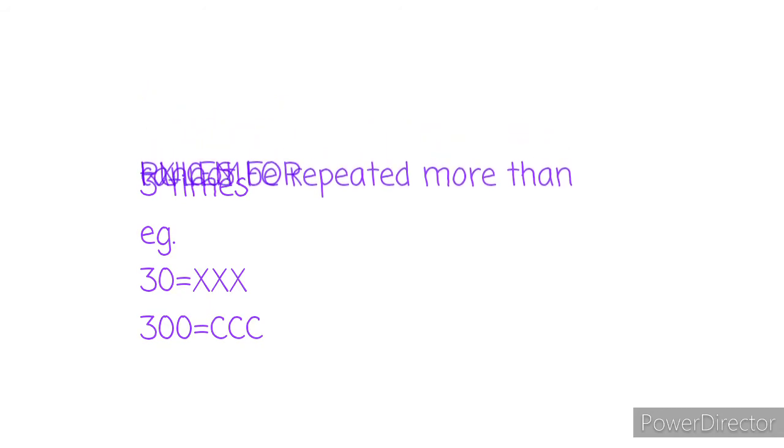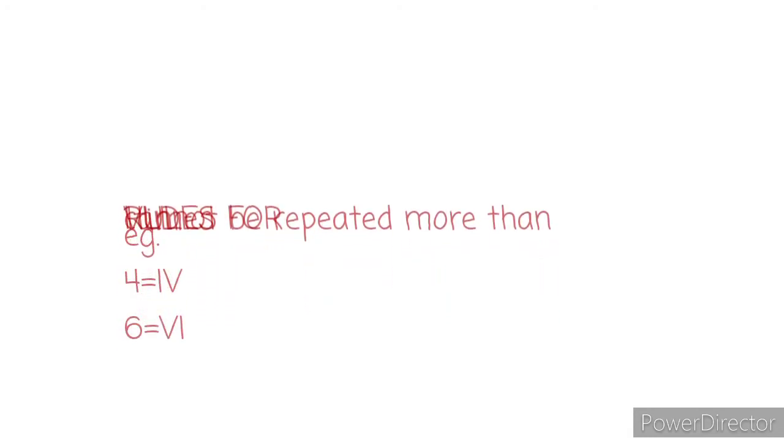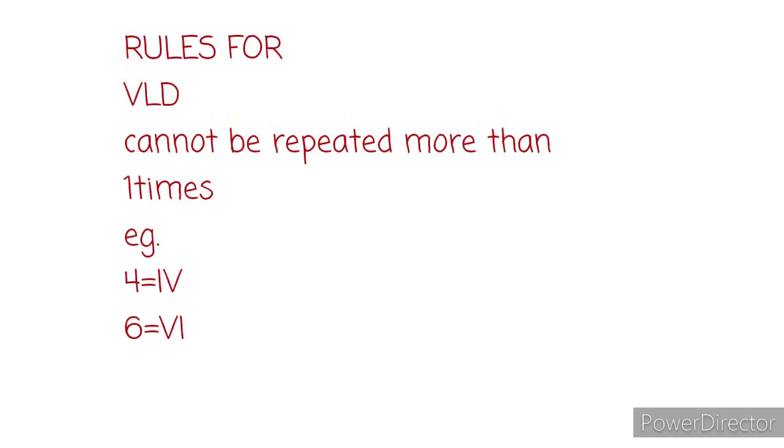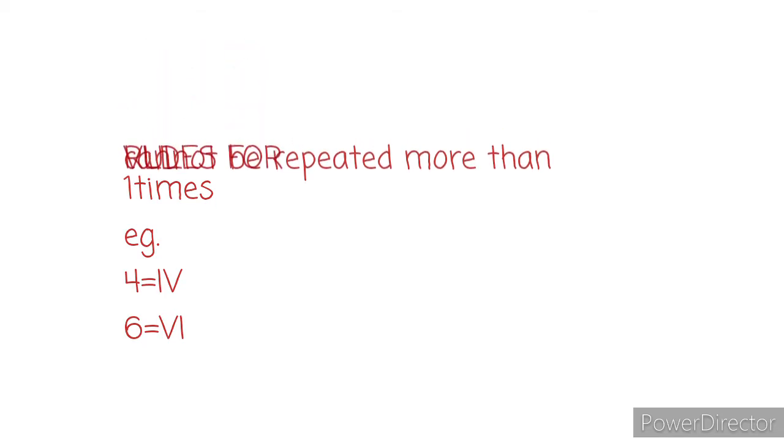For 40, we are not supposed to write XXXX, four times. Next, V, L, D cannot be repeated more than 1 time. IV represents 4, VI represents 6. V cannot be repeated more than 1 time is another rule.